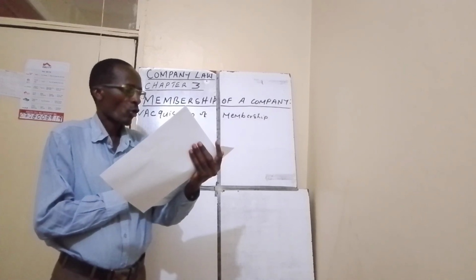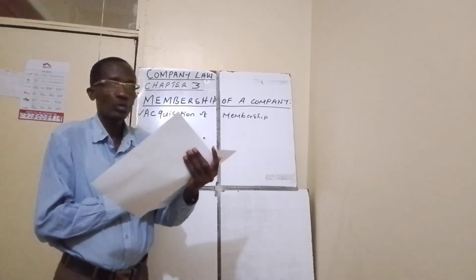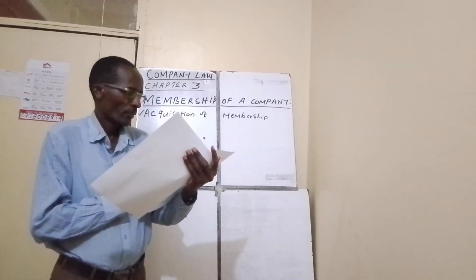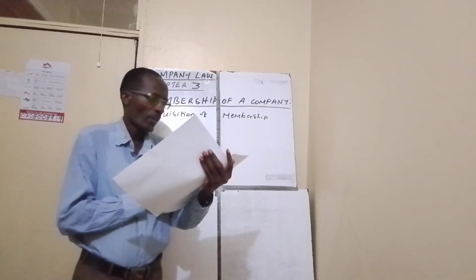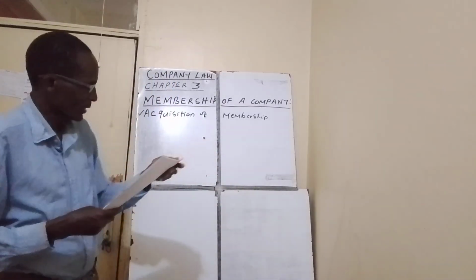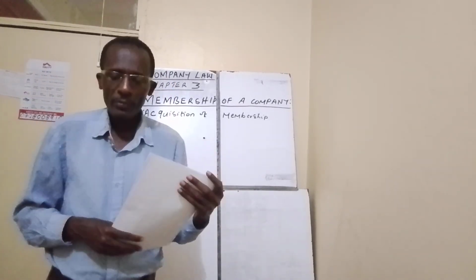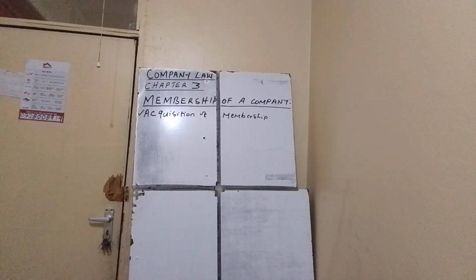Number six, compliance with section 182, subsection 2. And number seven, by estoppel. That's quite important as far as examinations are concerned. I will now present that to you, and you can take your notes.